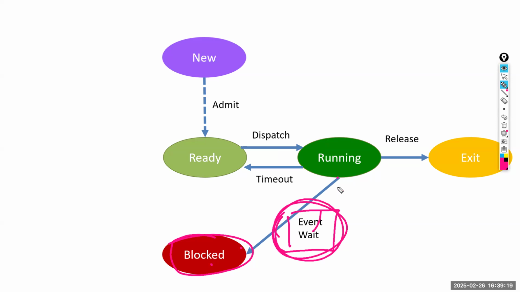In that situation, the operating system will immediately take that process into the block state, because until the user responds, there is nothing to do. So until the user responds, your process will be in the block state.